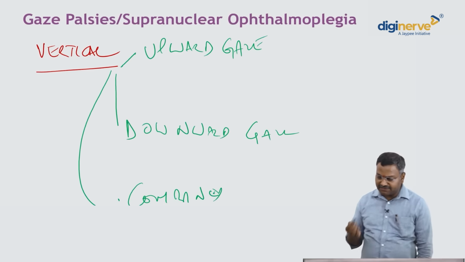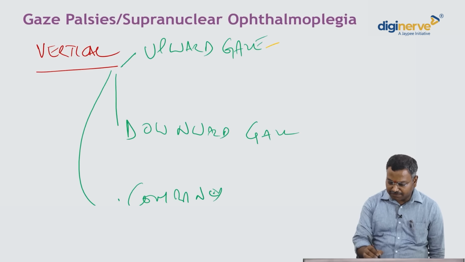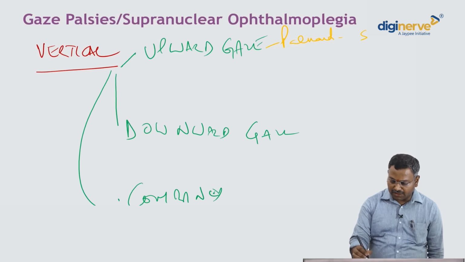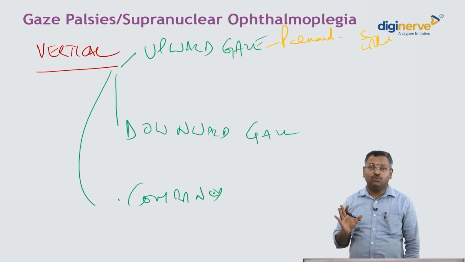Up gaze palsy is very commonly seen in Parinaud syndrome. Parinaud syndrome is a dorsal midbrain syndrome, a lesion above the superior colliculus, where you have the up gaze palsies, UPMSC.